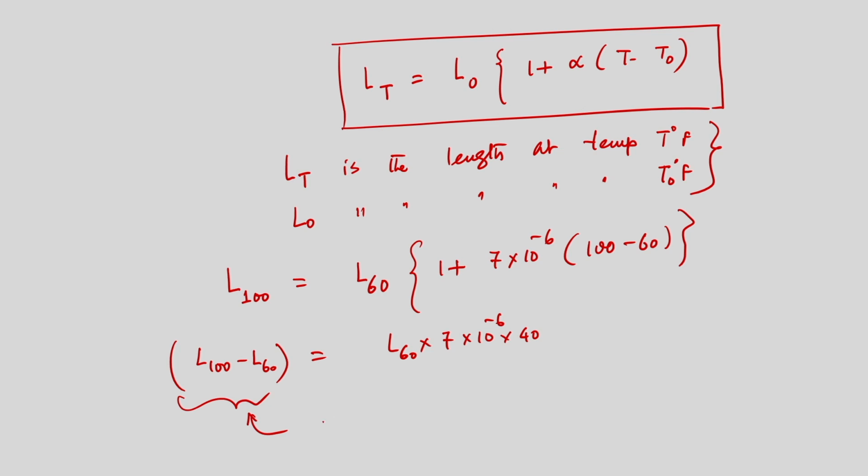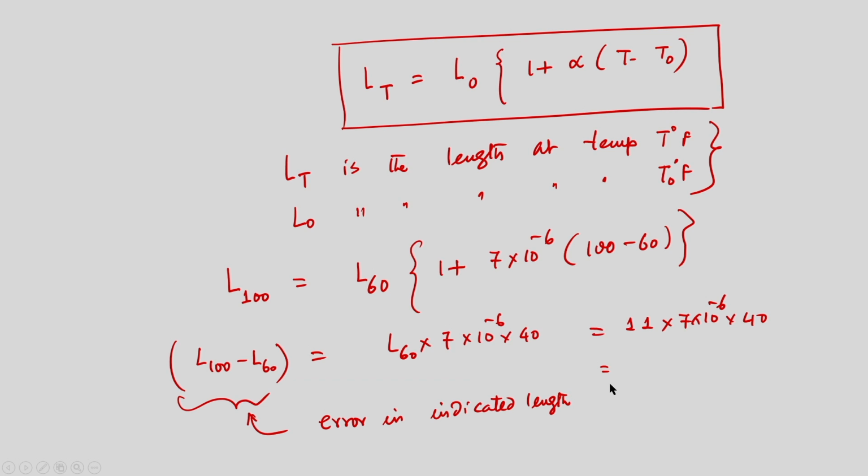So, this quantity is the error in length, and that will be equal to 11 into 7 into 10 power minus 6 into 40.